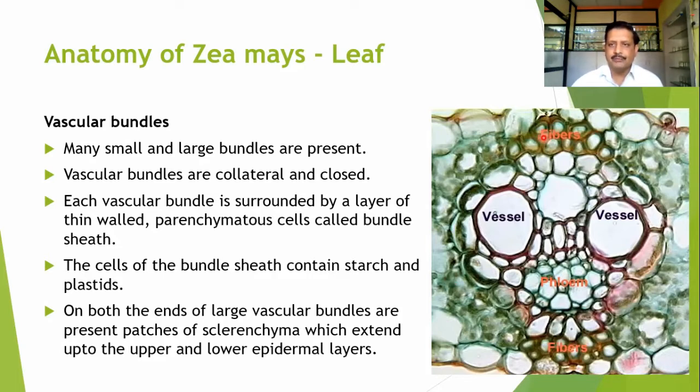So this is nothing but the connectivity. These two fiber elements are present there, and these fibers are the sclerenchymatous structures. Sclerenchymatous cells are present at both ends, and they are directly connected either to the lower epidermis or to the upper epidermis.